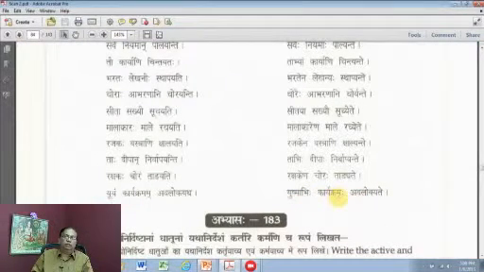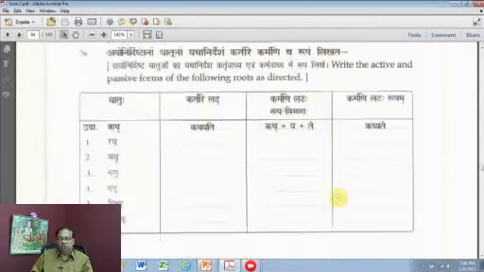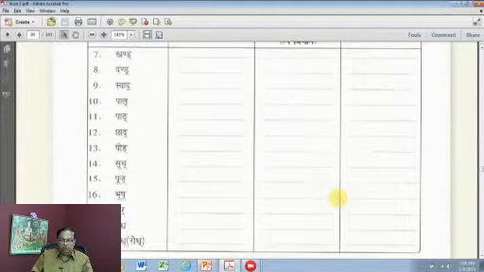Karyakramam is singular. It goes to Prathama singular, Karyakramaha. Avalokyate singular. Yushmabihi karyakramaha avalokyate. The program is watched by you all.